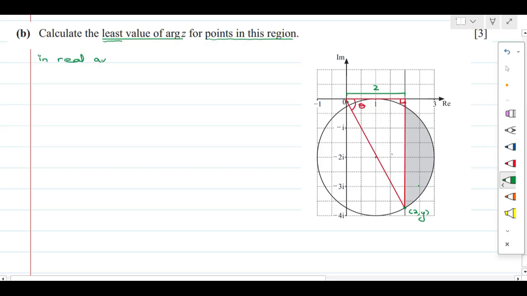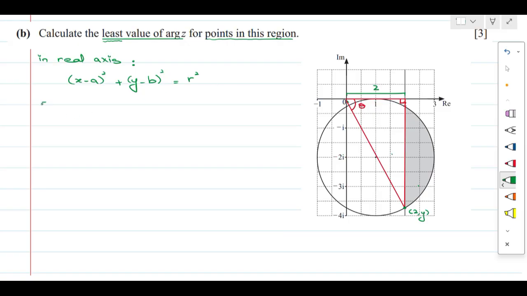In real axes, we have the equation of circle, which is x minus a whole square plus y minus b whole square equals radius square. a and b are the coordinates of center, and we have done the coordinates of center is 1 and minus 2 iota, right?